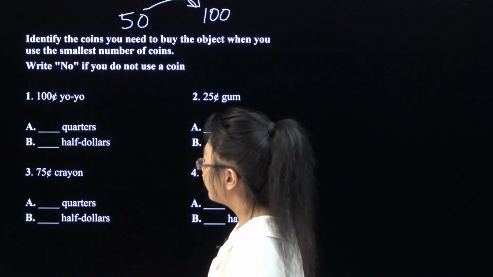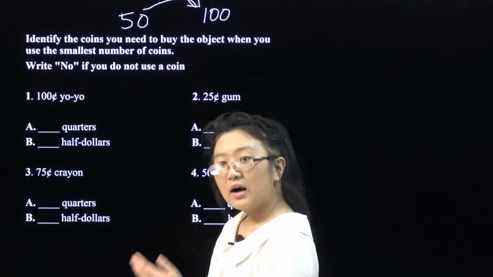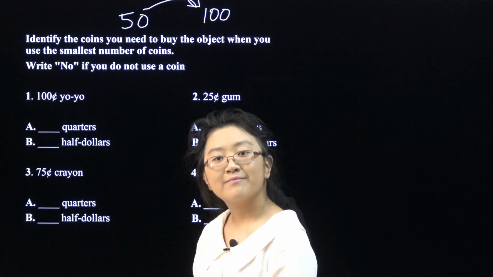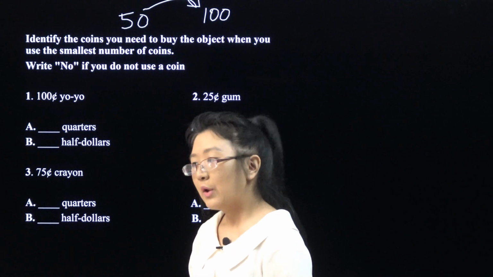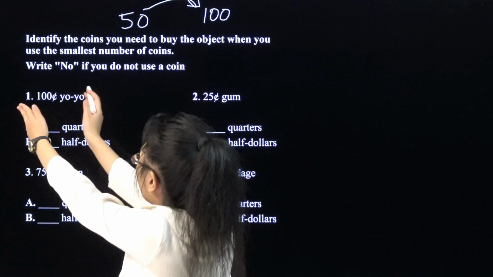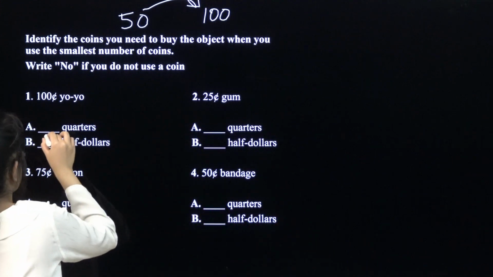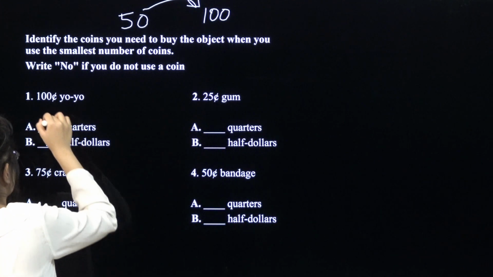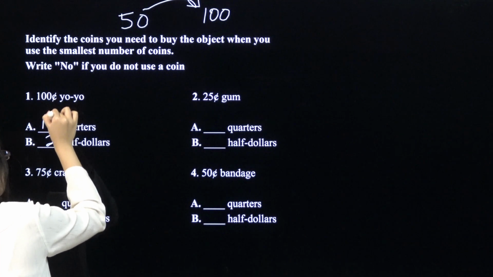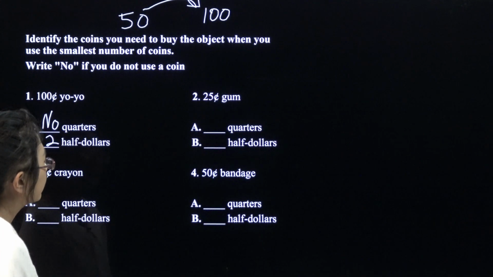So 50, 100. That's 2. We need 2 half dollars to buy a 100-cent yo-yo. And because we are not using quarters, no quarters.